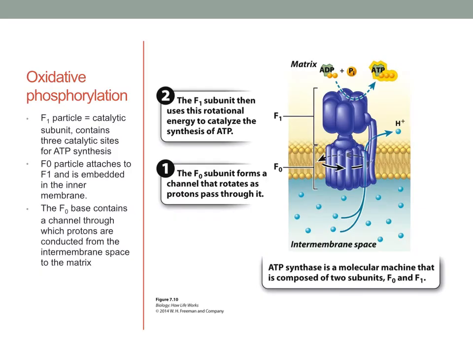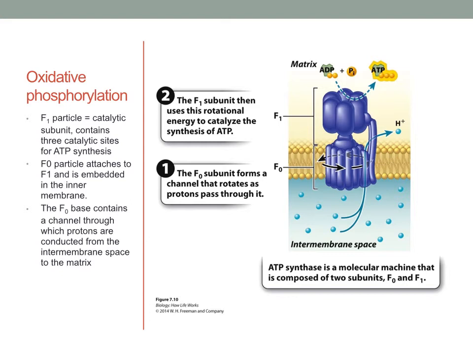Now, just a closer look at the ATP synthase, which is a pretty amazing molecule. It's a complex of proteins, and as you see here, it has 2 main subunits. One subunit is called the F0. The F0 subunit is a channel that will allow protons to move through.